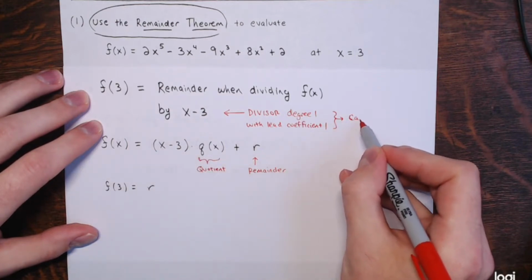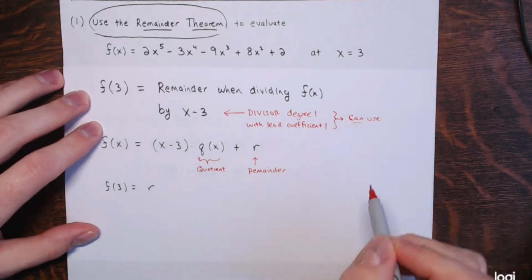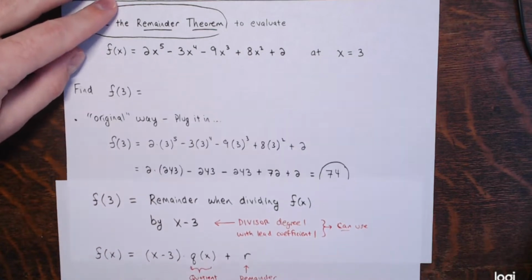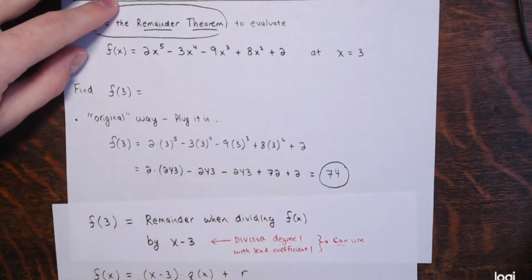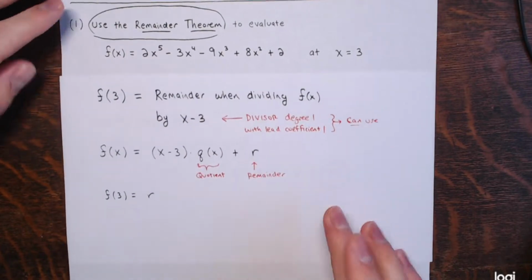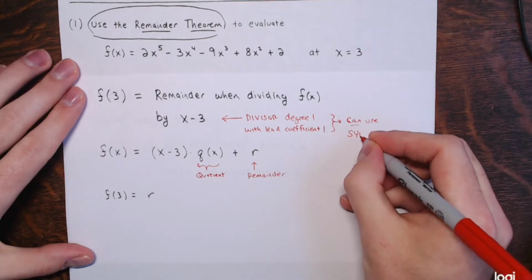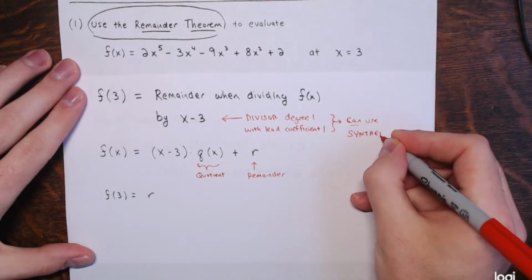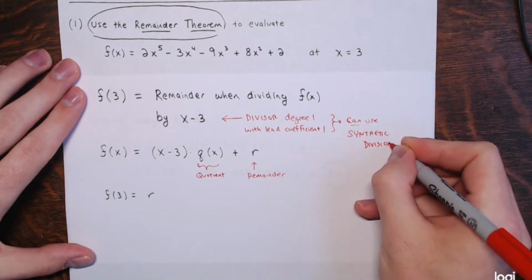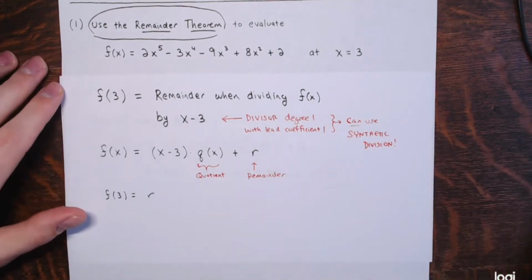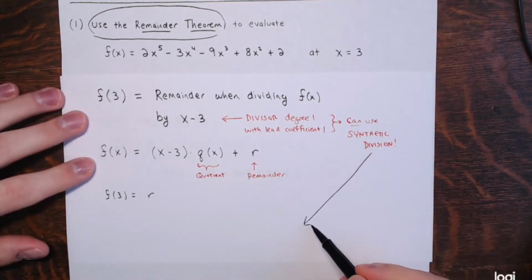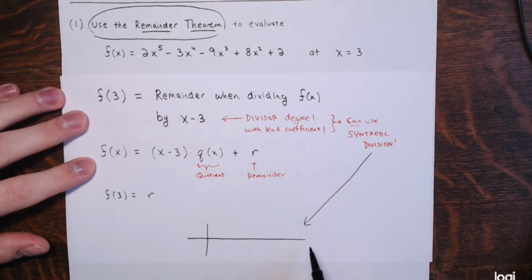I mean, if you want to do long division, go ahead, but long division would probably take more writing and more thinking than I did here when I just plugged it in. We can use that synthetic division, which again is in section 5.4 of this same text. Now I'm going to assume you remember my video on synthetic division, so I'm just going to jump right to it. So I showed you the way I was taught with this big cross symbol.